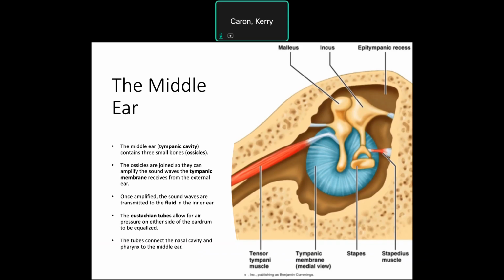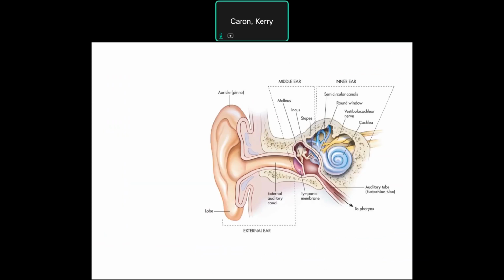There are tubes that connect the nasal cavity to the pharynx and the middle ear. So if you can see over here, the external auditory canal connects to the middle ear, the inner ear, but also the pharynx.